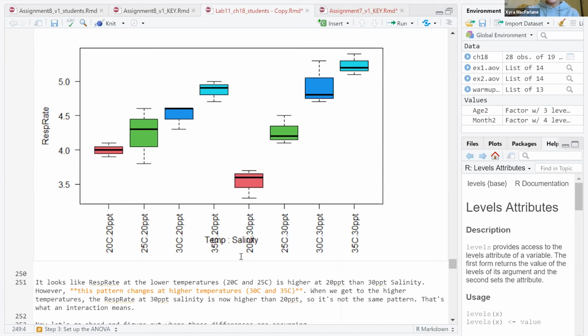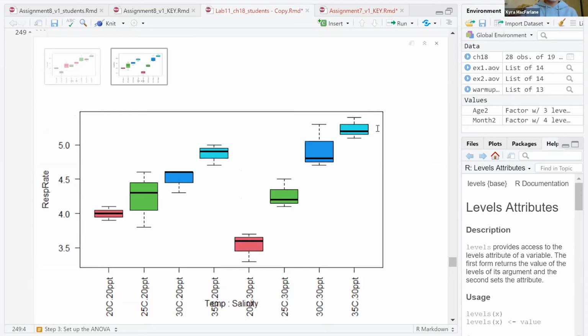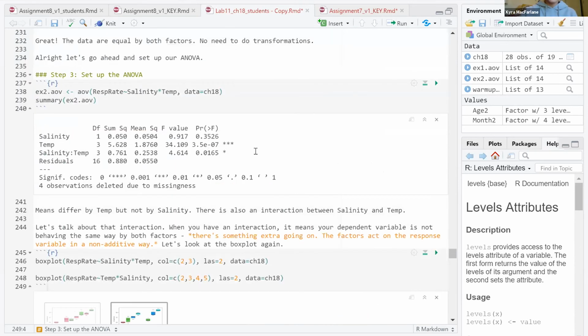At 30 parts per thousand salinity, we see a big change from 20 degrees Celsius to 35 degrees Celsius. Again, these changes between this group and this group could indicate to me that there's an interaction, which we already found that there is from doing the ANOVA.